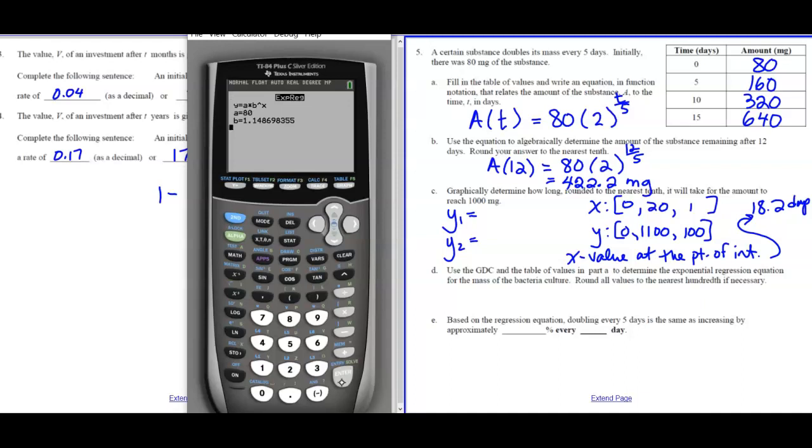So it says round values to the nearest hundredth if necessary. So this is going to be y equals 80, 1.15 to the x. Notice how now it's different.